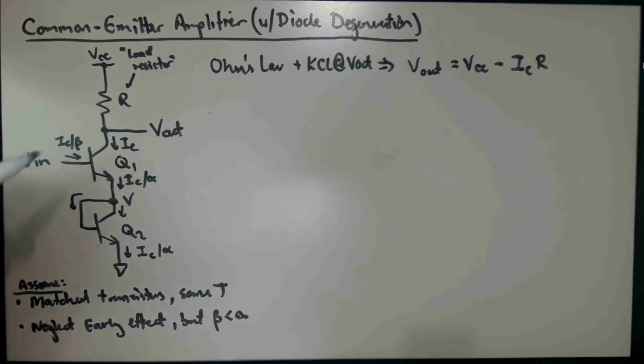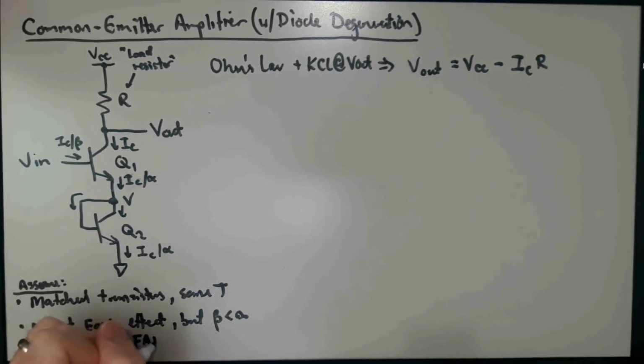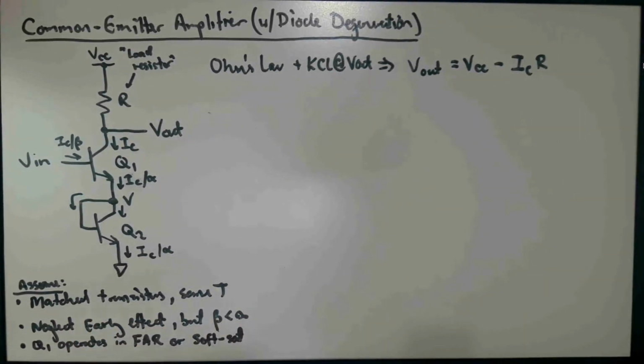We're going to assume also that Q1 operates in the forward active mode or soft saturation. I forgot to mention that. So we're going to assume that that's true, and then we'll go back and we'll check where that assumption becomes invalid, okay, as a check on our result.